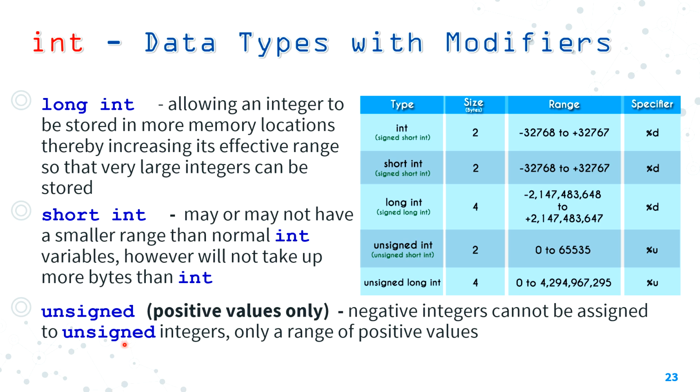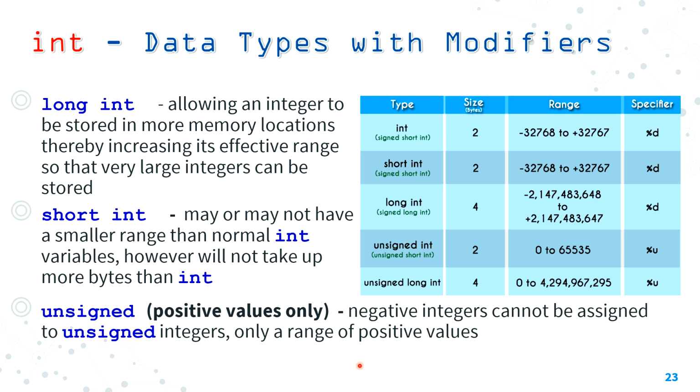Then we also have unsigned int. An unsigned integer can store positive values only, meaning it cannot represent negative numbers. Because of this, it can store a larger positive range compared to a signed integer.